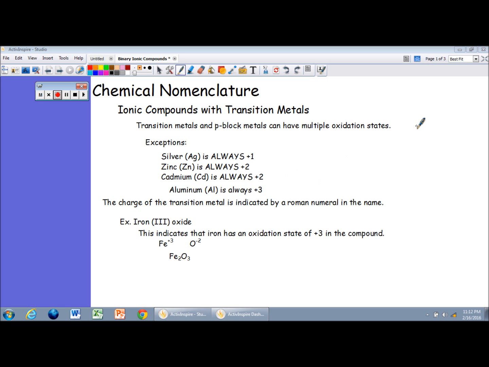For those of you who don't know what a Roman numeral is, I'm going to draw you a little chart, and it will line up what charges get what Roman numerals. And they're pretty simple. So charge is over here, and Roman numeral is over here.